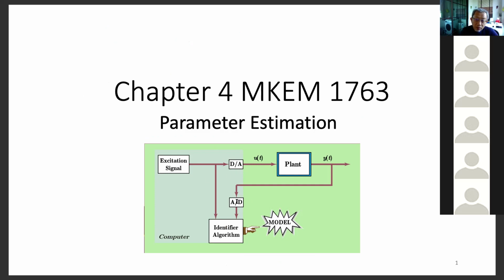And this analog signal and the output will be interfaced to the computer, where we allocate the identifier algorithms to estimate the coefficients of the parameter model. And finally, we get the model.